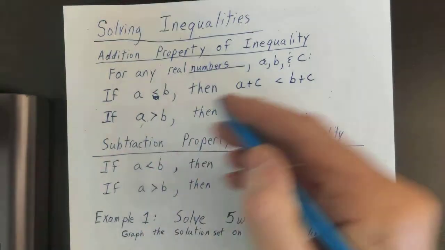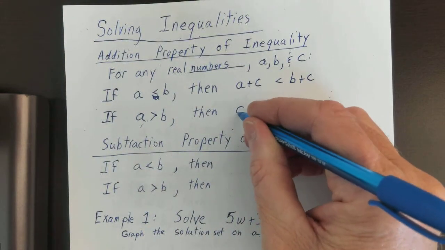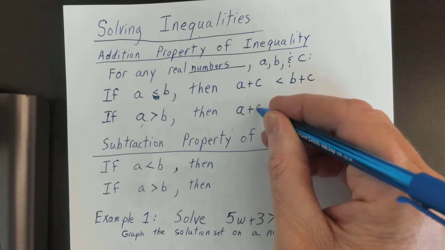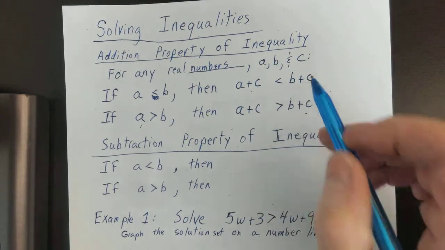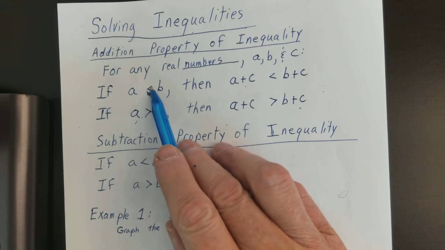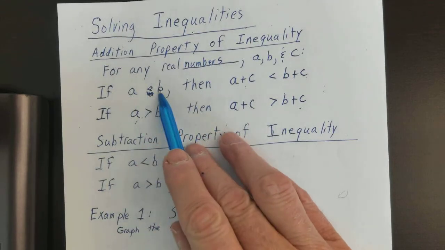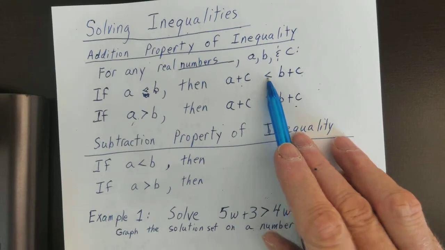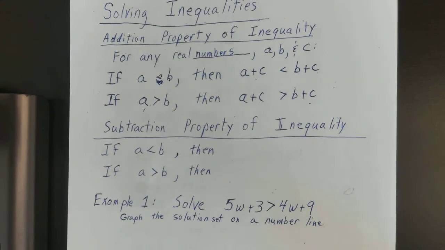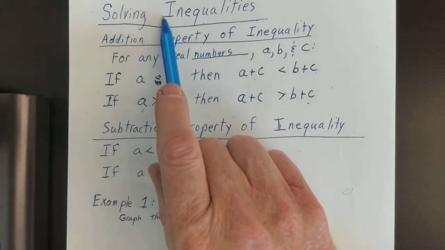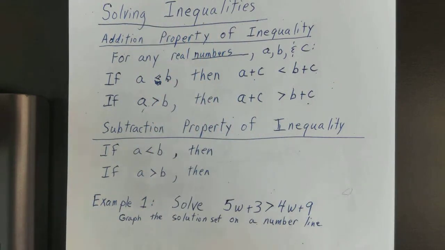It works for greater than also. If A is greater than B, then A plus C is greater than B plus C. We added the same amount to each side of this inequality. We added C here and we added C here. It's still less than. So that property is what we're going to be using when we solve inequalities with variables in them.